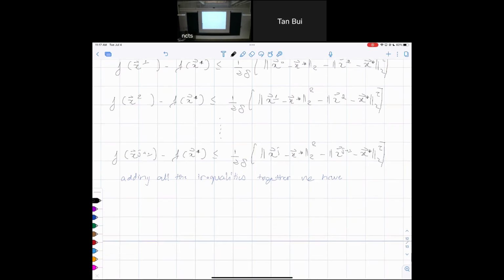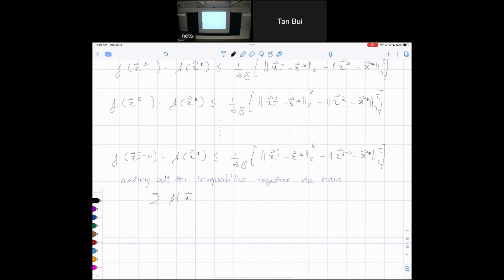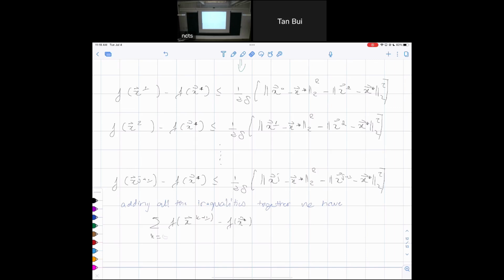So we have a sum of f of x_{k+1} and f of x star, k from 0 to j, okay?